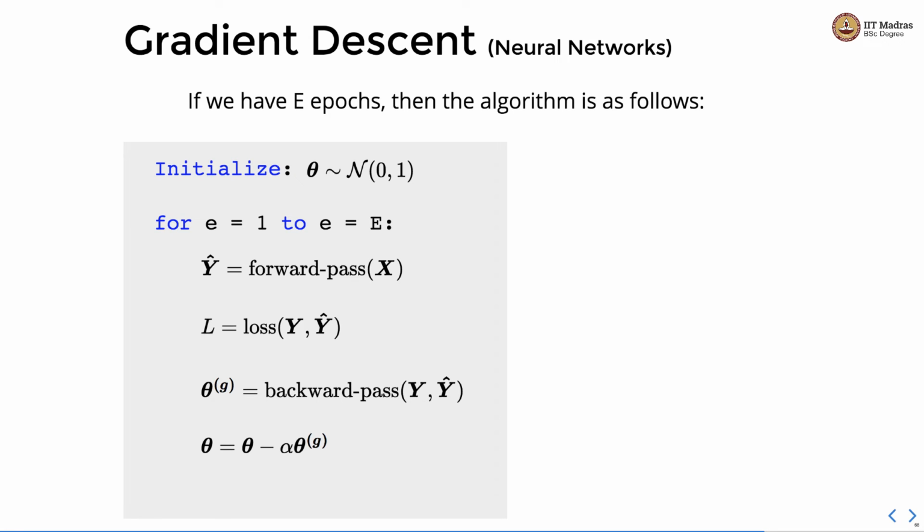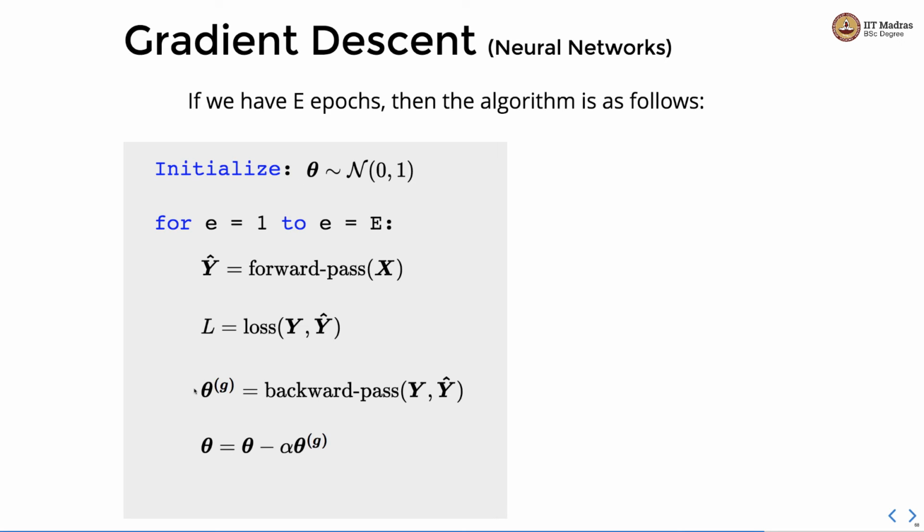If we decide to train the neural network for some number of epochs, the algorithm is as follows. First we initialize the parameter vector theta by drawing it from a normal distribution with 0 mean and 1 standard deviation. Then in every epoch, we first run a forward pass, then compute the loss, and then we perform the backward pass.